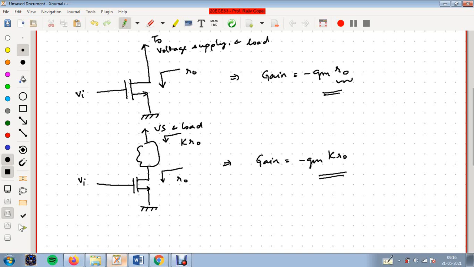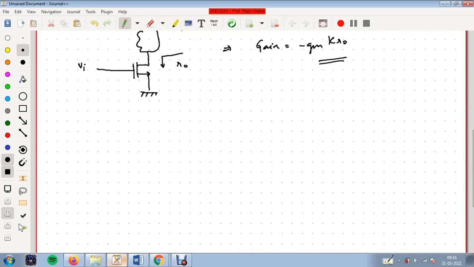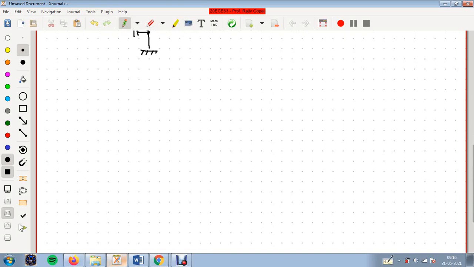So how do I make it from R naught to K times R naught? That is where a common gate comes into the picture. If I look at a common gate configuration, the gate is grounded.